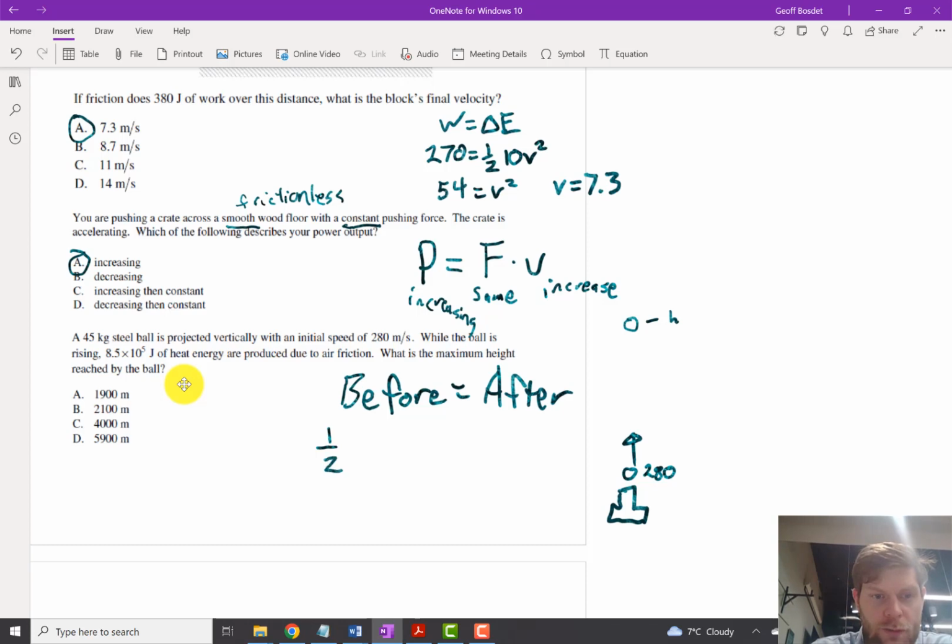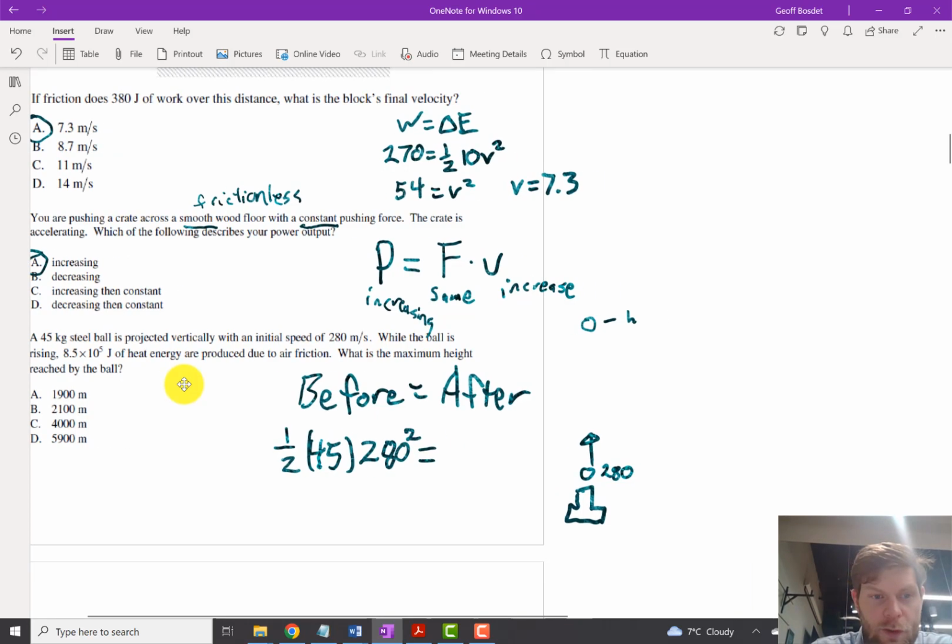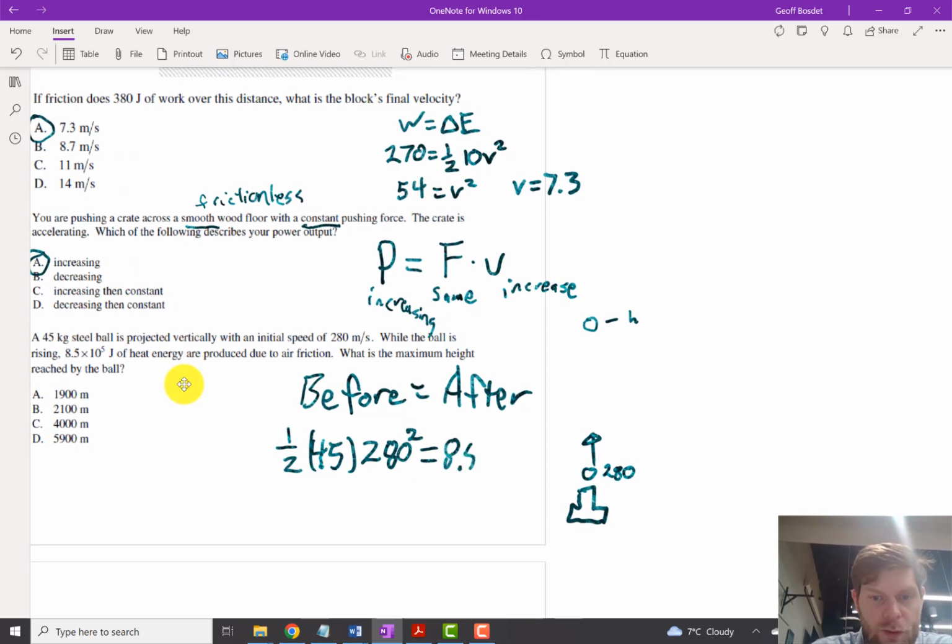It's got 1/2 times 45 times 280 squared joules of energy, and some of that energy became the 8.5 times 10 to the 5 joules of thermal energy. So afterwards, a bunch of this energy became heat, plus a bunch of it became potential energy, which is 45 times 9.8 times the height.